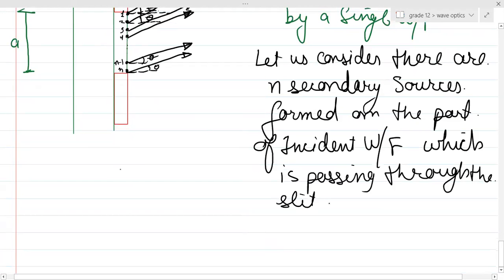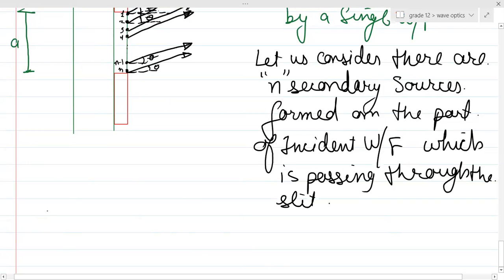So I assumed n secondary sources over here. Is it clear, guys? You understood this particular thing? I considered n secondary sources.